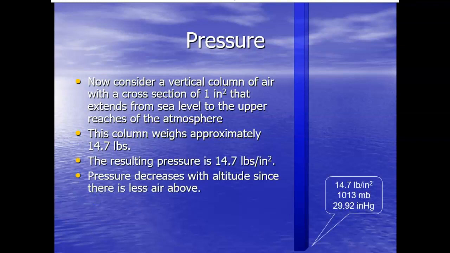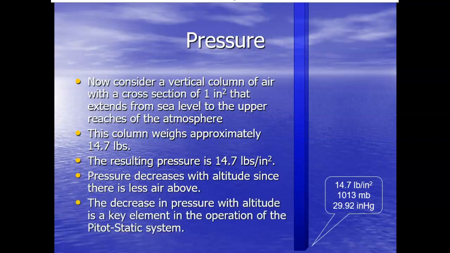The pressure decreases with altitude since there's less air above it, just like with the steel bars. The decrease in pressure with altitude is a key element in the operation of the pitot-static system in the aircraft that measures altitude, vertical speed, and airspeed.